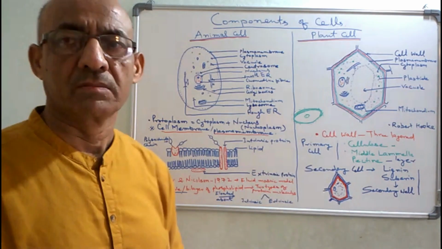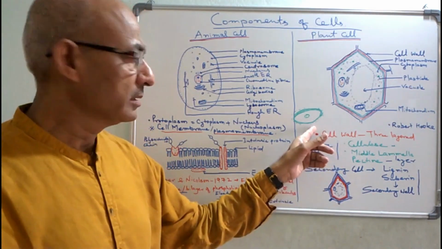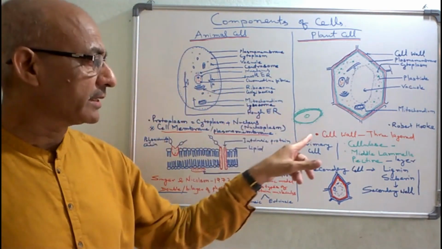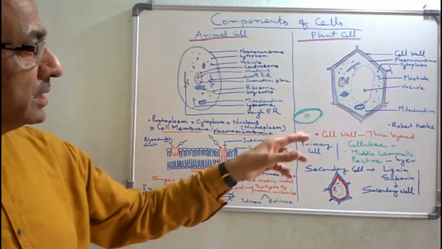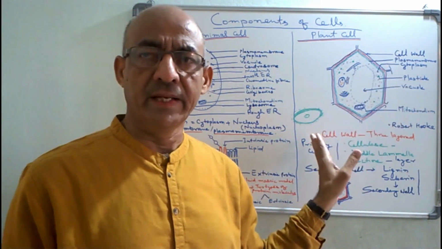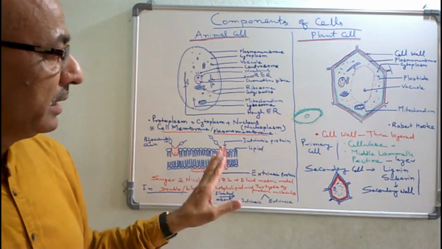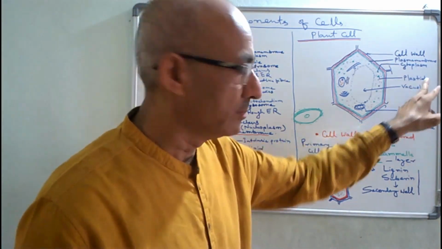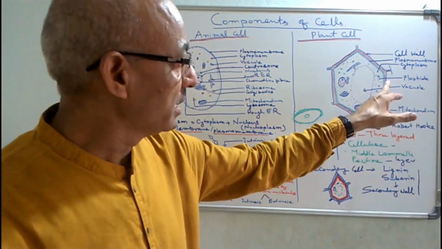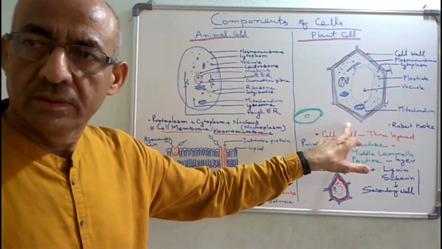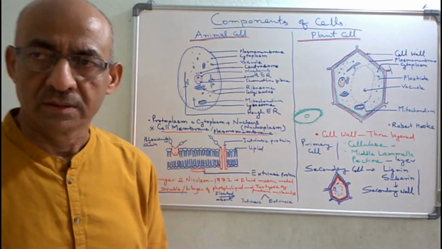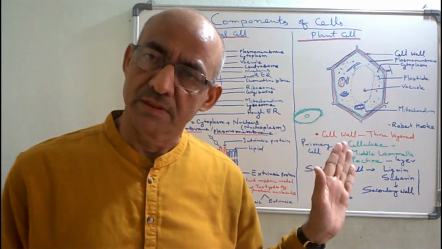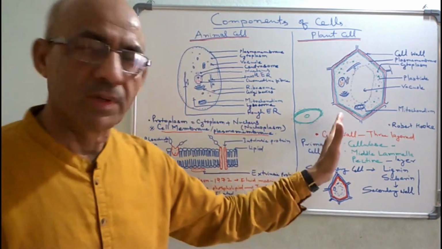Bacteria are the exception. Actually, bacteria are not members of the animal kingdom, but in bacteria, a thick cell wall is found. Bacteria are the exception. And another cell organelle, the plastid: plastids are only found in plant cells.